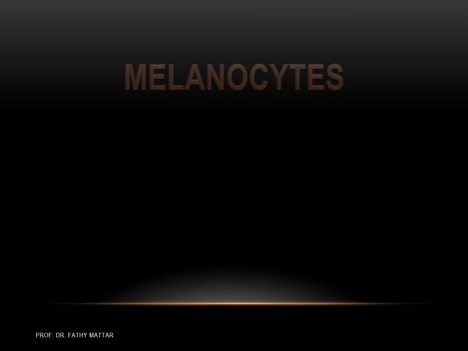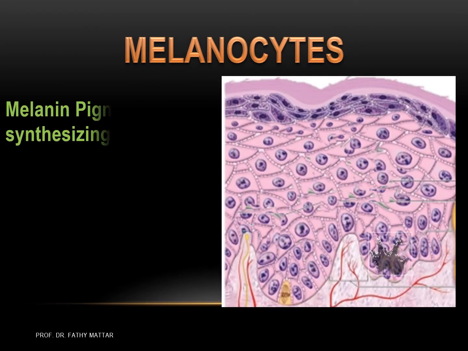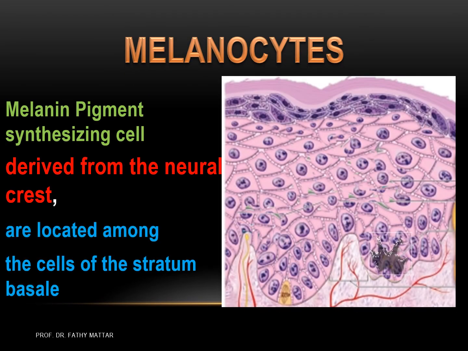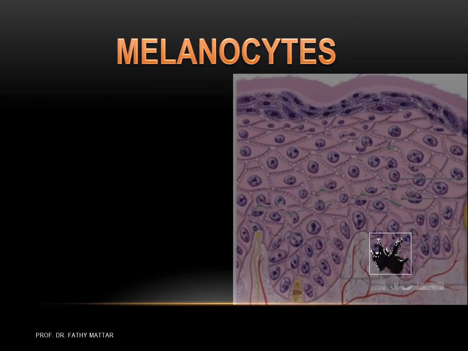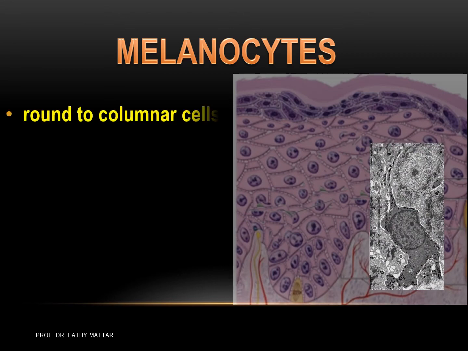Non-keratinocytes. The non-keratinocytes will start with melanocytes. Melanocytes are melanin pigment synthesizing cells derived from the neural crest. They are located among the cells of the stratum basale. The melanocytes are round to columnar cells.